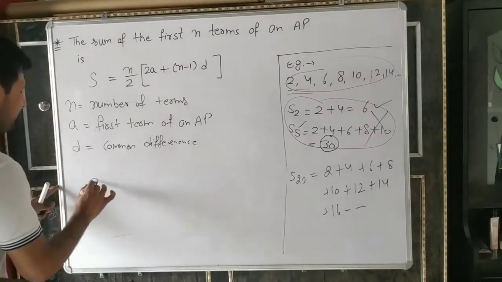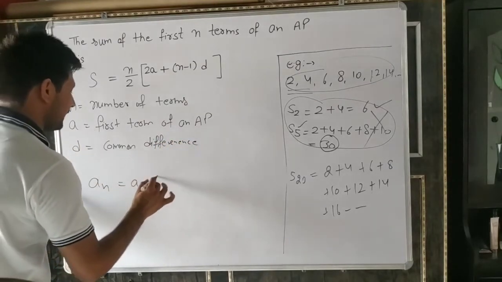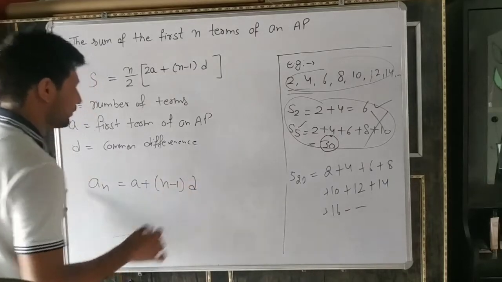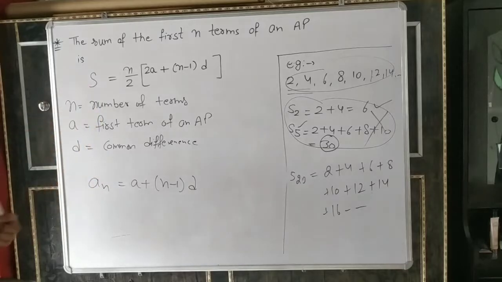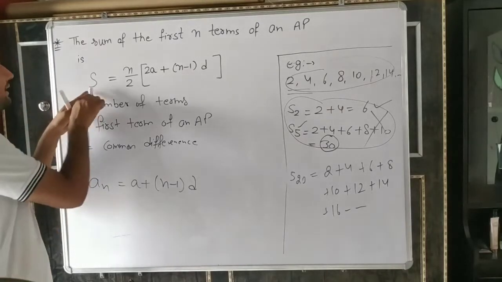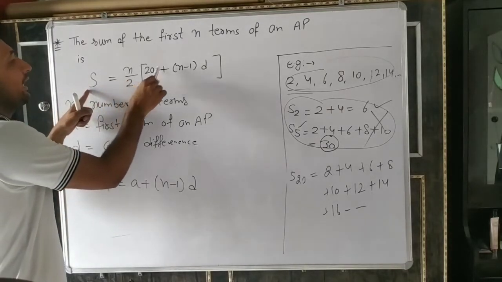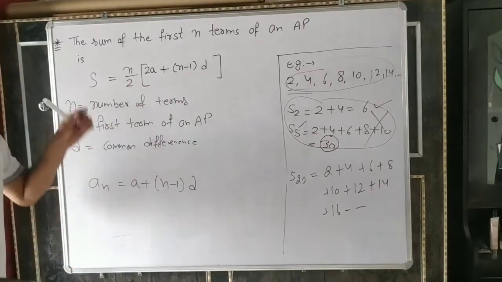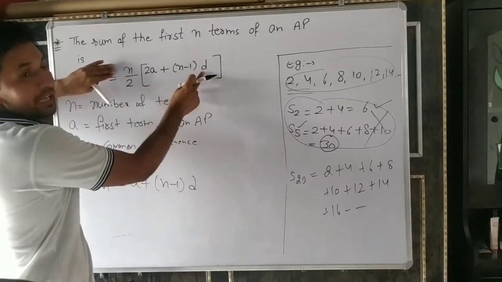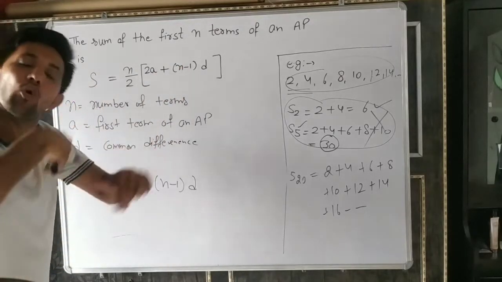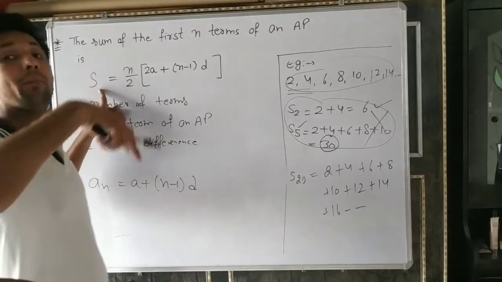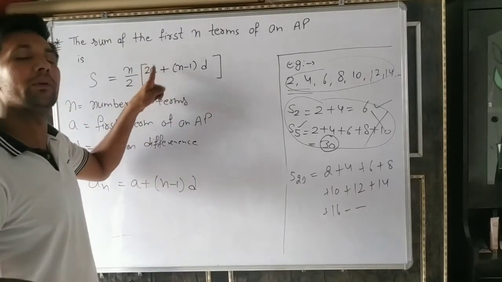Same as in the nth term formula, a plus n minus 1 into d, where we need a, n, d and an. Same as it is here, also 4 variables: S, n, a, d. Maybe n given, a given, d given, and he asks to find the sum. Maybe sometimes S is already given, then find the number of terms, find n. a is also given, d is also given.